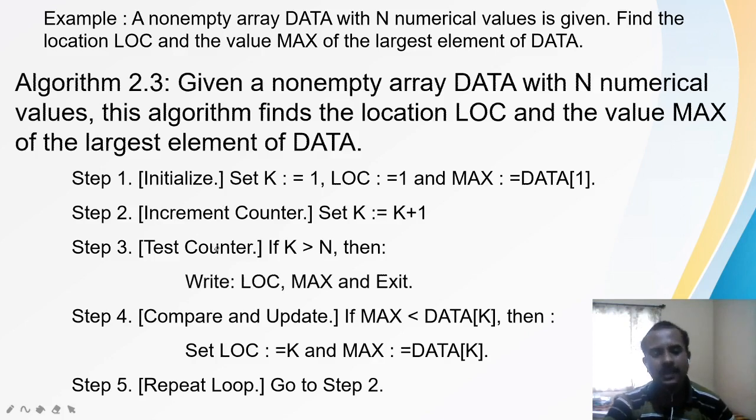But in certain cases, we can jump from one step to the nth step, or we can jump from step n to the nth step. Okay. So what you are doing here? That time you have to mention go to step n. n is the step number.